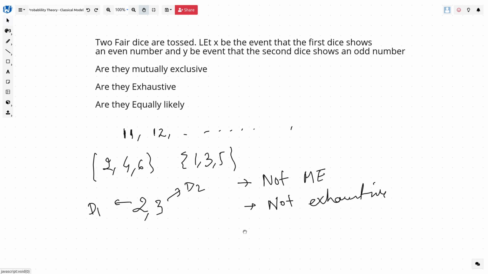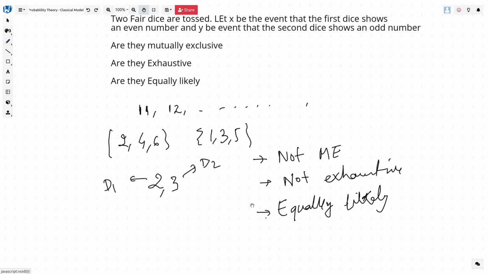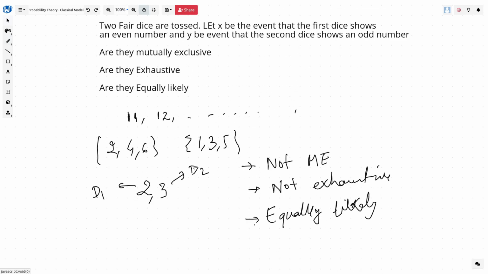So these are equally likely, right? They are equally likely, but they are not mutually exclusive and they are not exhaustive. So again, in this case, we will not be able to apply the classical model.